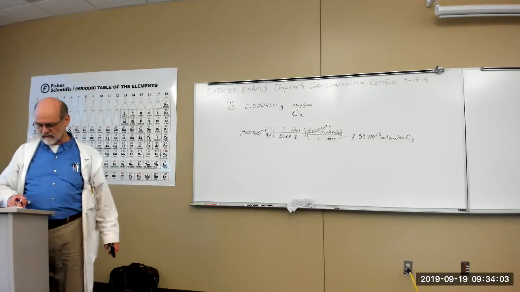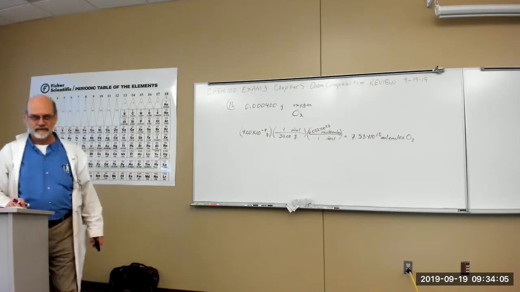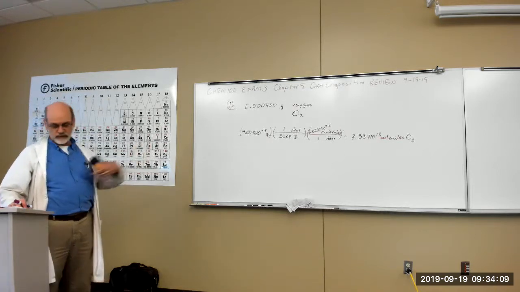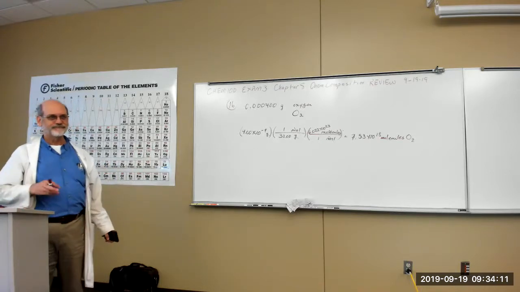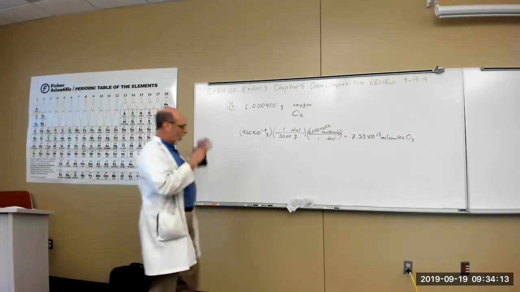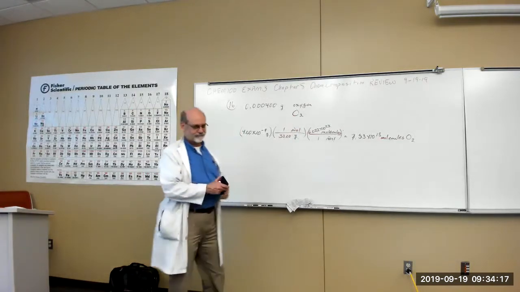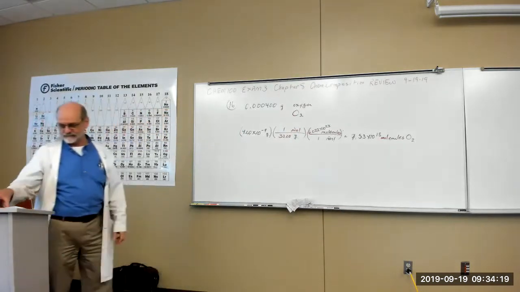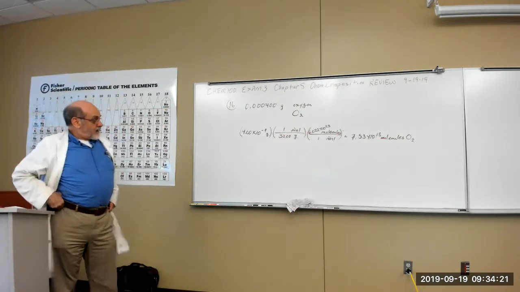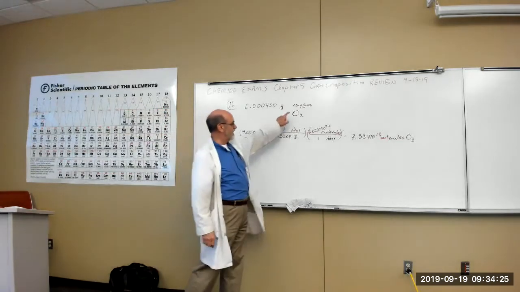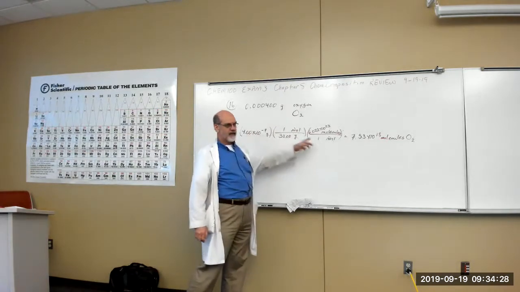That's E. So it is here. But if you get that answer and choose that one, it's wrong. And all due to that fact right there. That's really the chemistry that's in this problem. The rest of it is math.